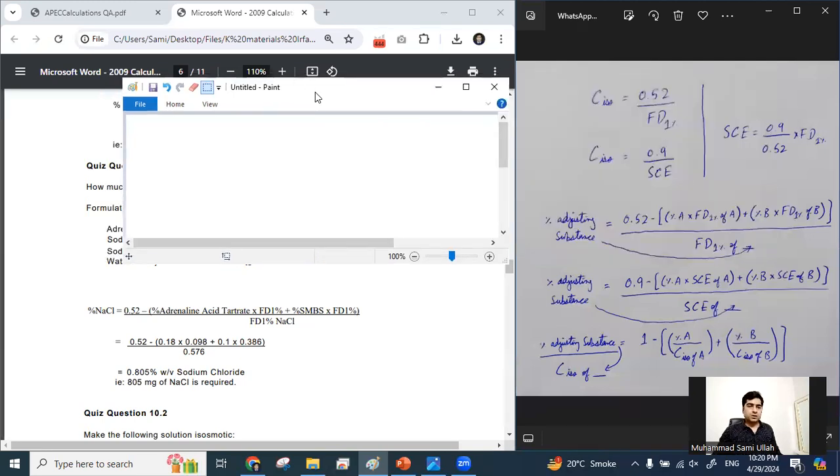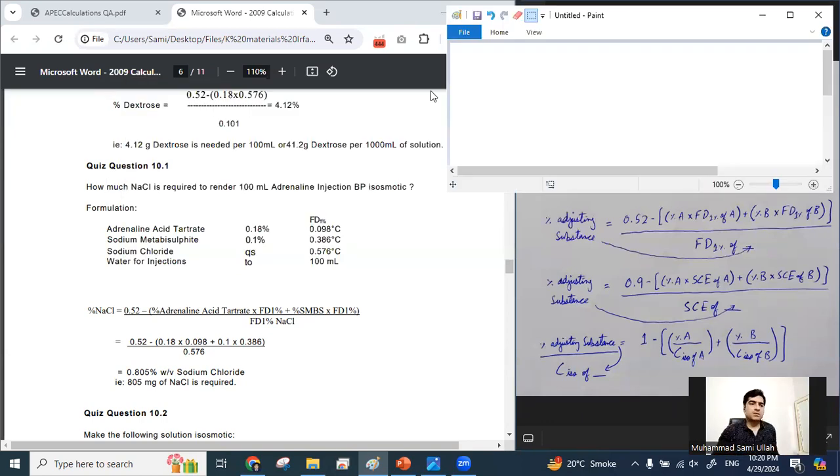The question is going to be very simple. Let's read it. How much NaCl is required to render 100 ml adrenaline injection BP isosmotic?